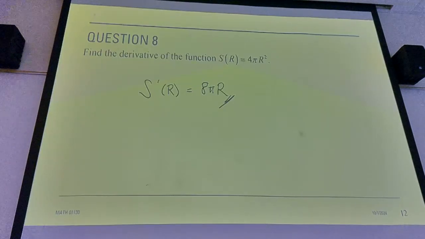By the way, do you recognize S of R? Like surface area for a sphere or something? Which one? I'm gonna go with volume. My answer you want to change was surface area.